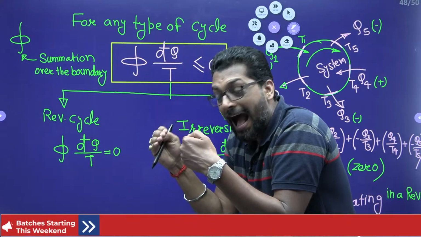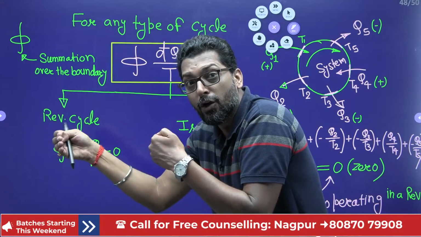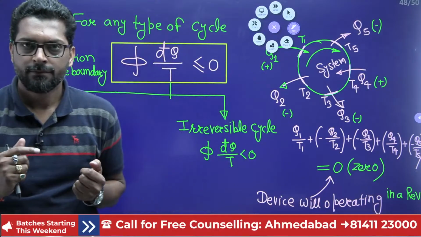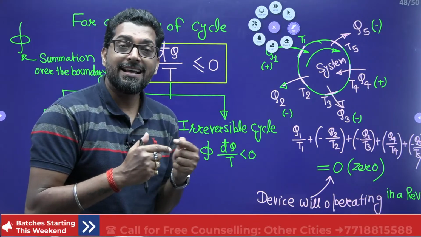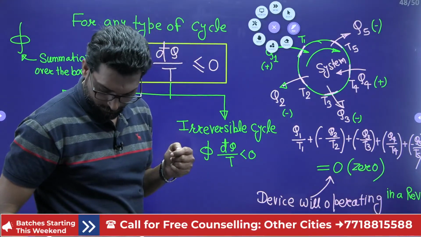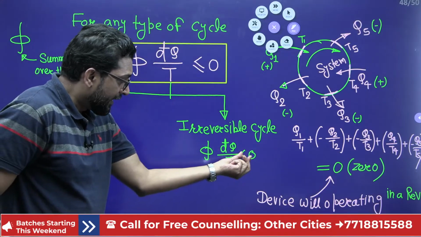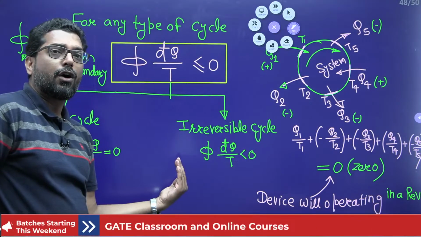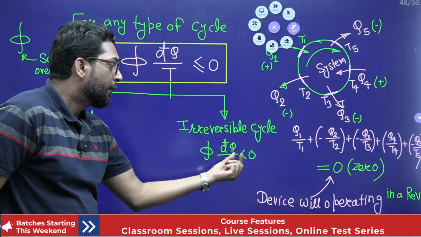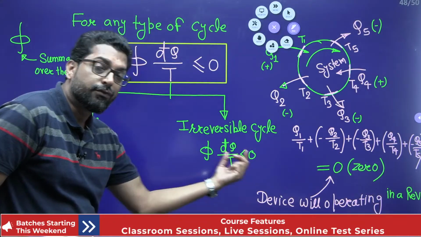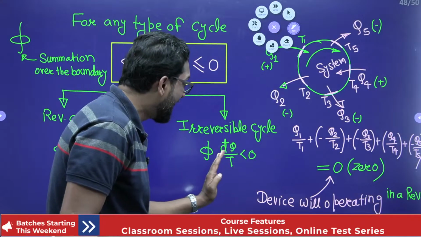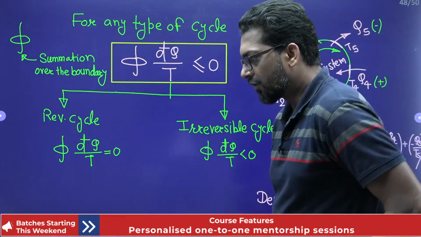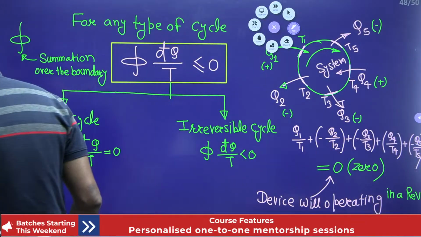That means the higher the negative value, the higher the irreversibility. The more the irreversibility, the more it deviates from 0 in the negative direction, and greater than 0 is not possible.